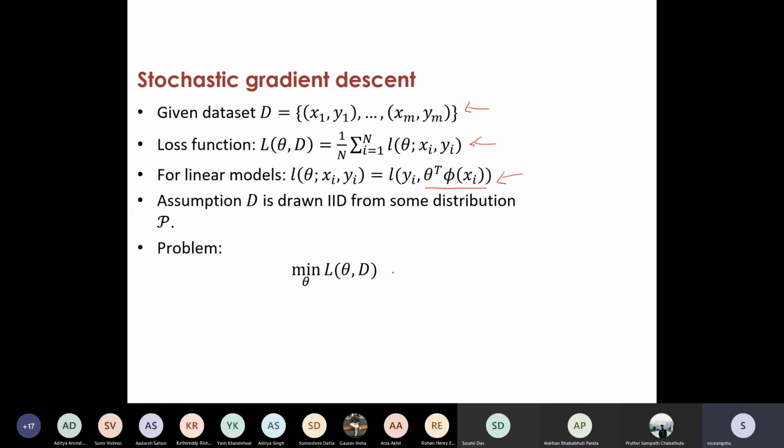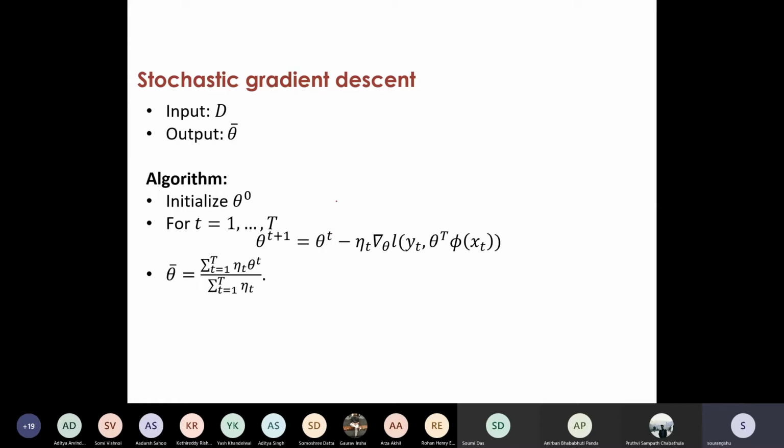You have to minimize L of theta comma D with respect to theta, and your assumption is that this D is drawn IID from some distribution.